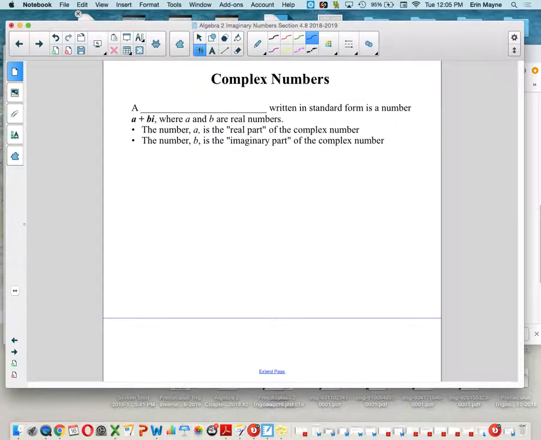Okay, so now we're going to put two things together. We're going to put a real number and an imaginary number together at the same time. And when we do, we refer to it as a complex number. We're going to almost always be required to write complex numbers in standard form.